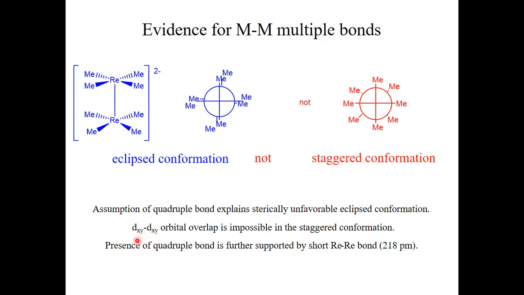So the presence of a quadruple bond is further supported by the short rhenium-rhenium bond distance.